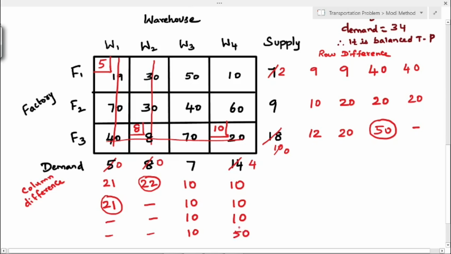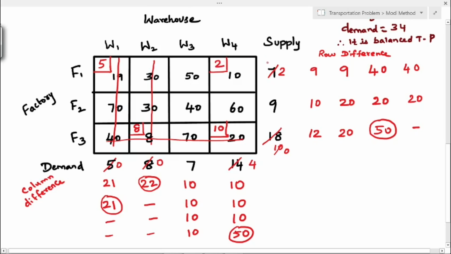So the largest value is 50. This is the highest penalty. So corresponding to the W4 column, the 10 and 60 values are there. So the least value is 10. So our next allocation is at this place, that is first row, fourth column. So the corresponding supply value is 2 and the corresponding demand is 4. So the least one is 2.